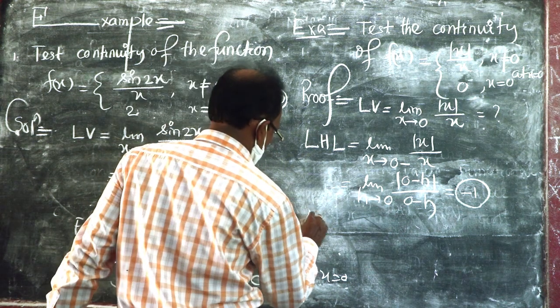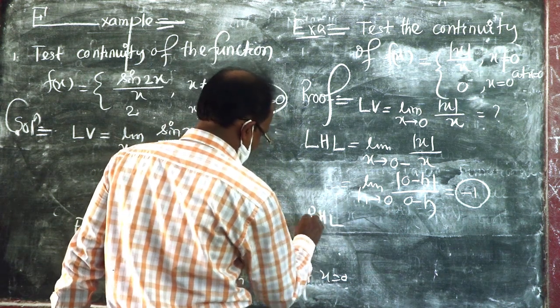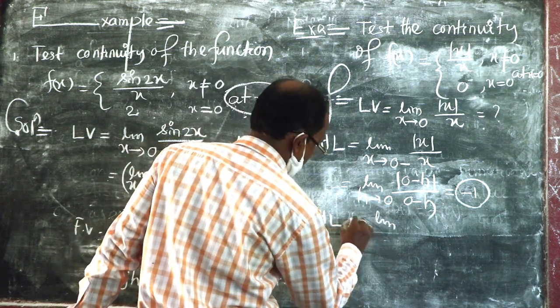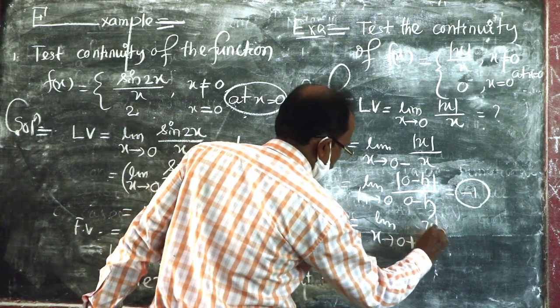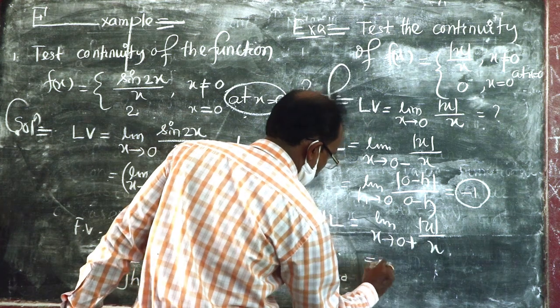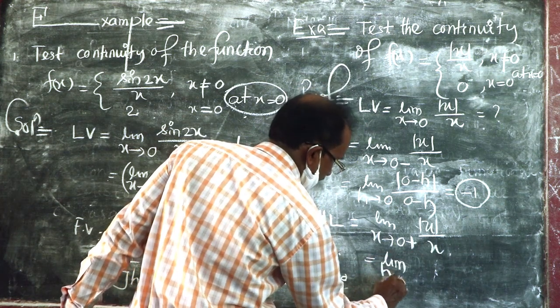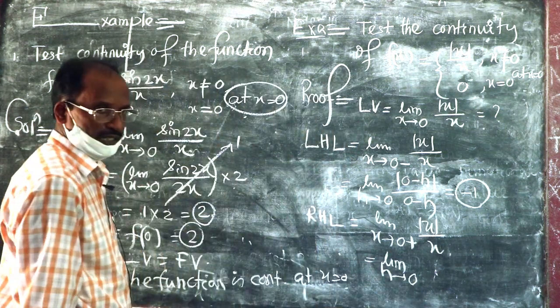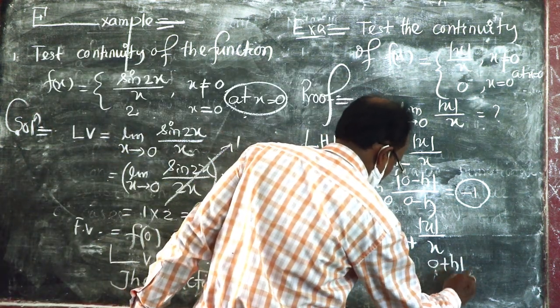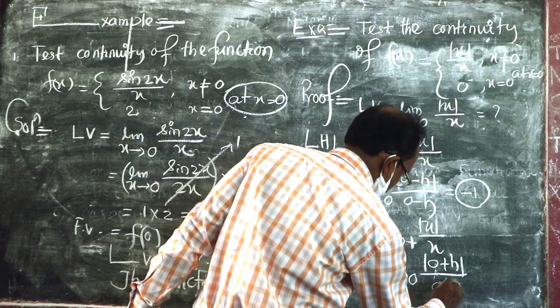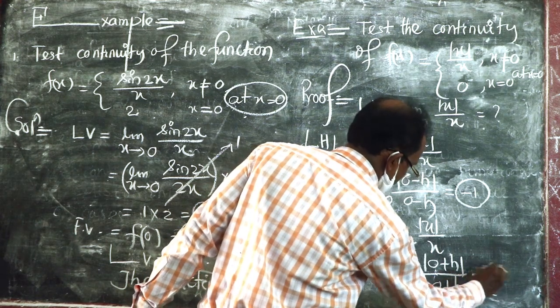And what is RHL? RHL is equal to limit x tends to 0 plus of mod x by x, which can be written as limit as h tends to 0 of modulus of (0 plus h) by (0 plus h), which is equal to 1.